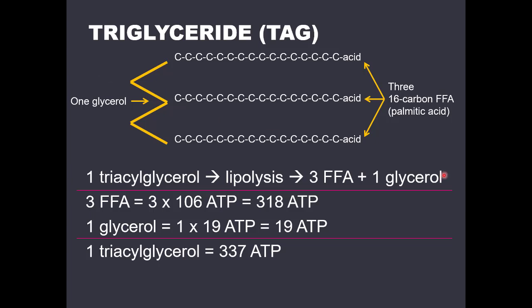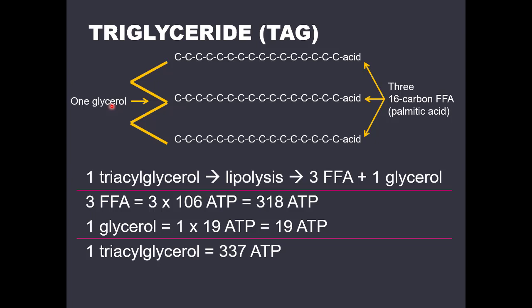So let's continue to use the 16-carbon fatty acid as an example. Here we have one TAG molecule with 3 16-carbon fatty acids held together by one glycerol backbone. Now, in order to utilize these fatty acids for ATP production via fatty acid oxidation, as we just discussed, the TAG needs to be broken up, or in other words, catabolized.